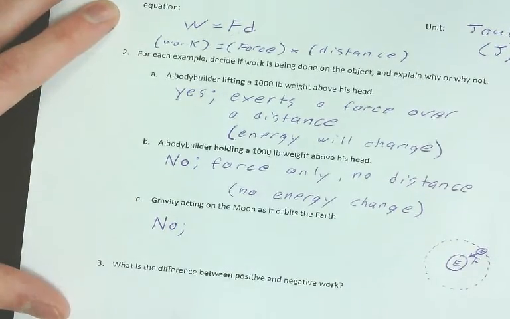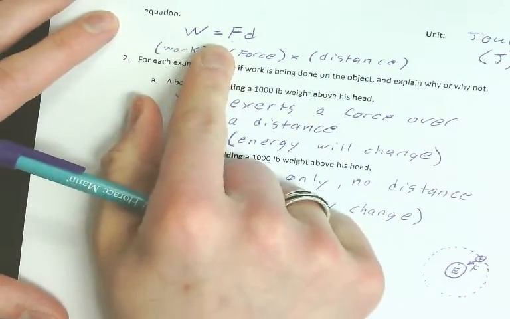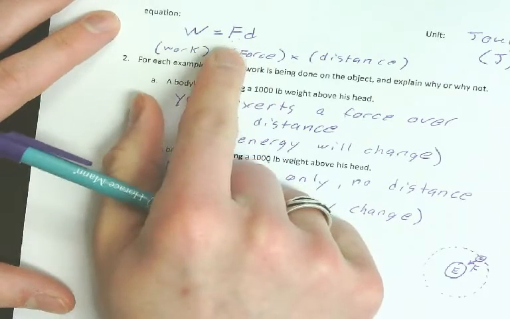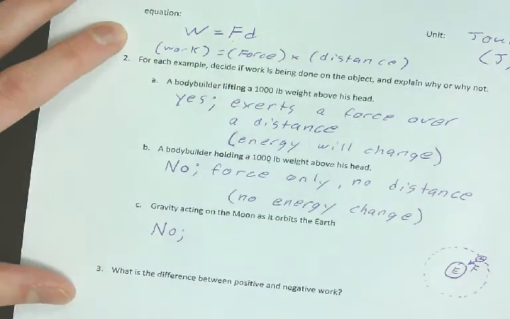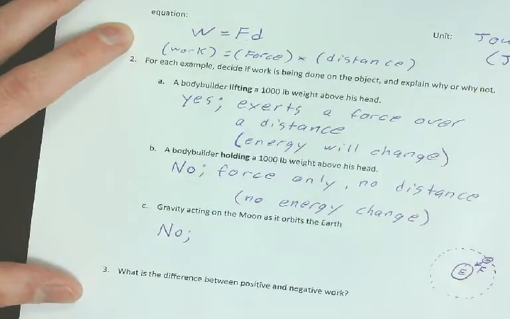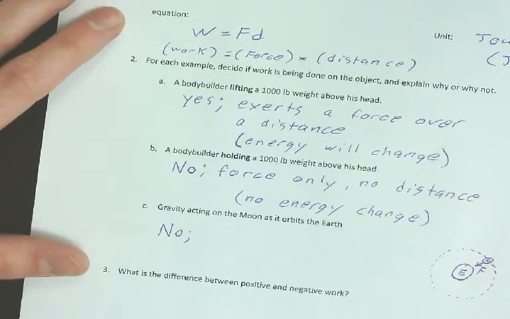The thing about this equation, W equals FD, the D and the F have to be in the same direction. Now, they can be positive or negative. They can be forward or backwards. That doesn't matter. But they have to be in the same X or Y direction.